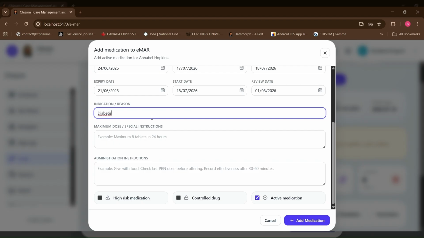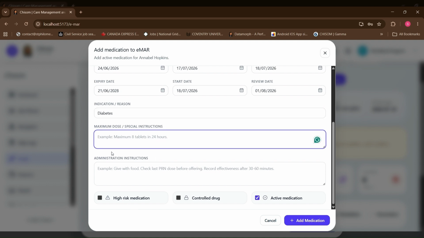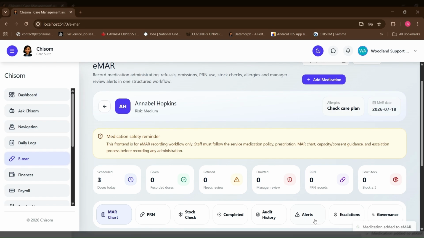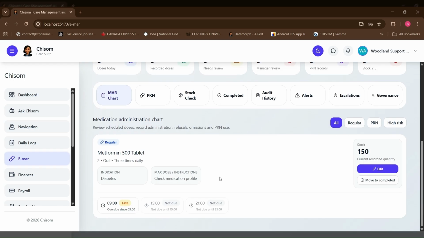It's just for the system to understand what is going on. Maximum dose, for example, maximum 8 tablets. You can put anything there, but you can also leave it blank. If it's a controlled drug, you can indicate here. If it's a high-risk medication, you can put it here. I'll just leave it as only active medication. So this is a medication that has been created for Annabelle.